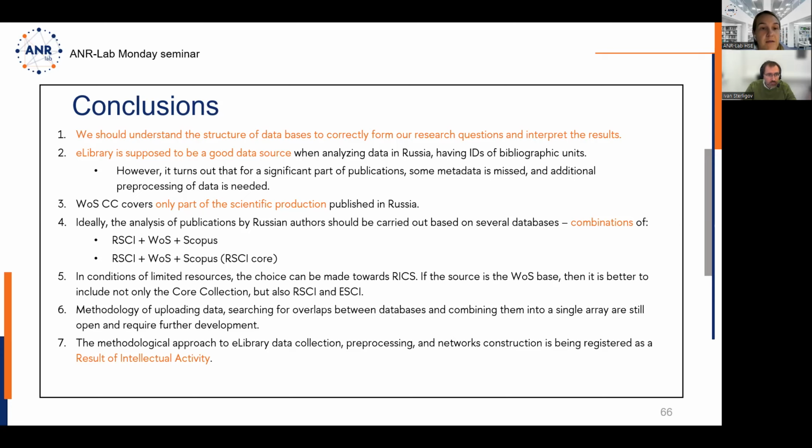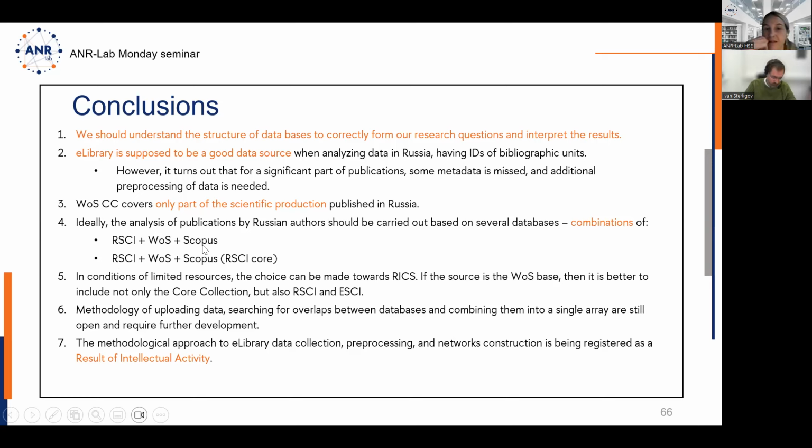which would include Russian Science Citation Index, Web of Science and Scopus. Russian Science Citation Index, here it is written not correctly. So it will be RSCI plus WOS plus Scopus, or some other combination.